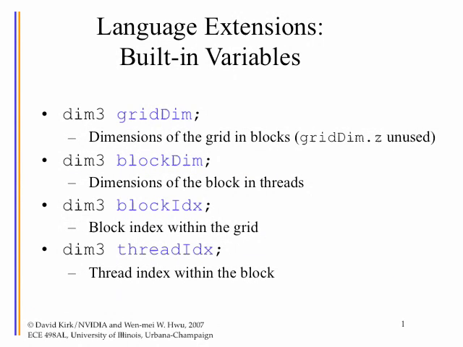Language extensions. We actually talked a little bit about this. We're using these built-in variables such as grid dim, such as block dim. Remember, you saw some of these things in the source code, and these are what we call the dim3 data types.